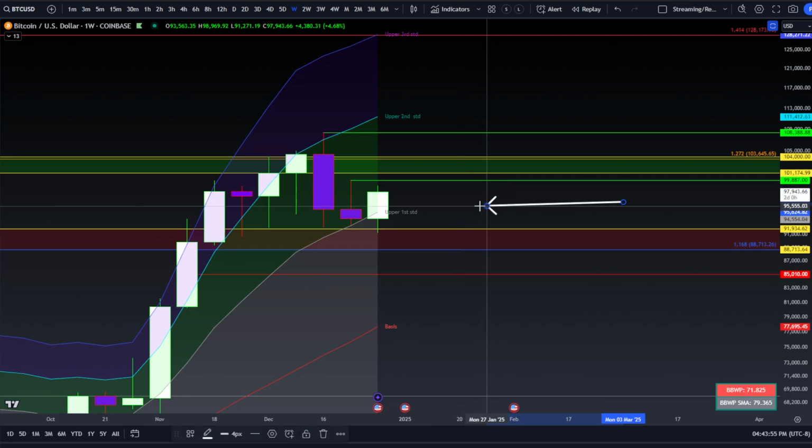From the local fib pull that I pulled on Wednesday, there is a Fibonacci level right there at that $111,000.